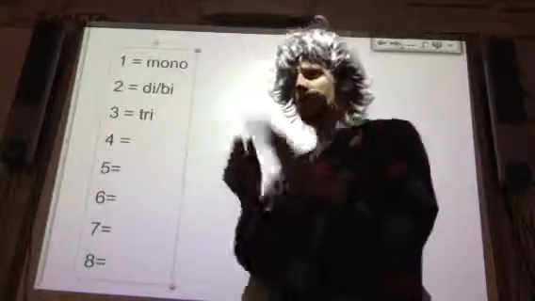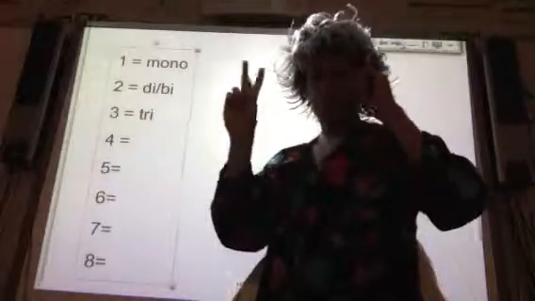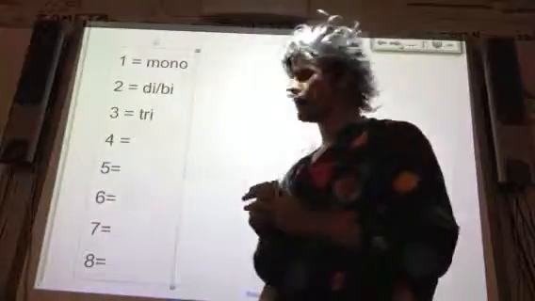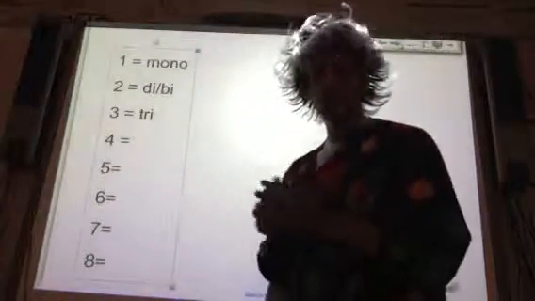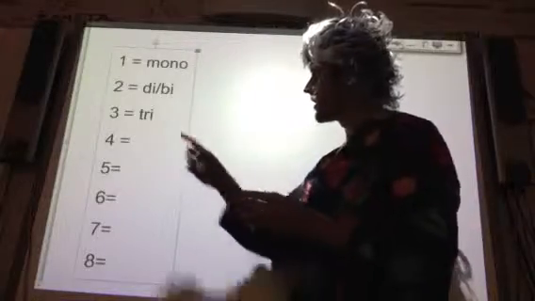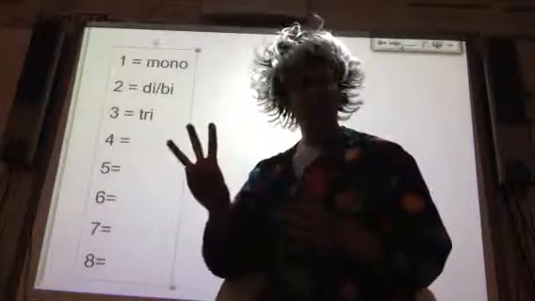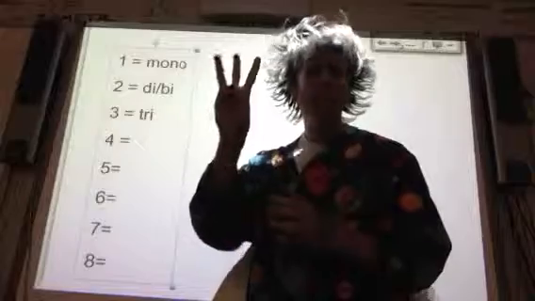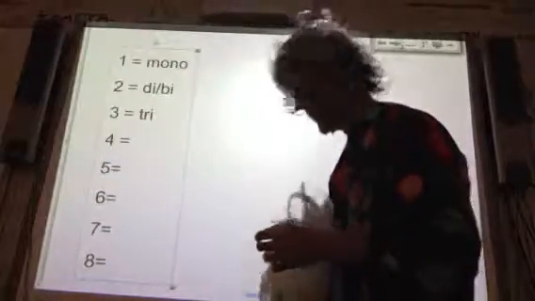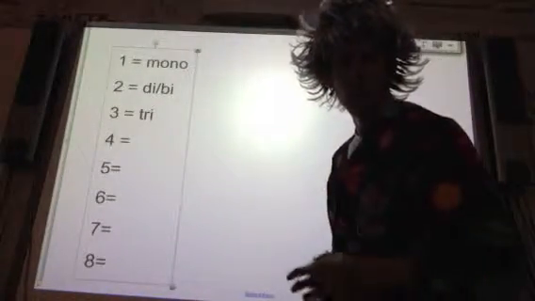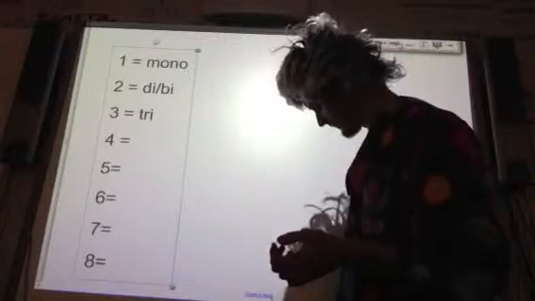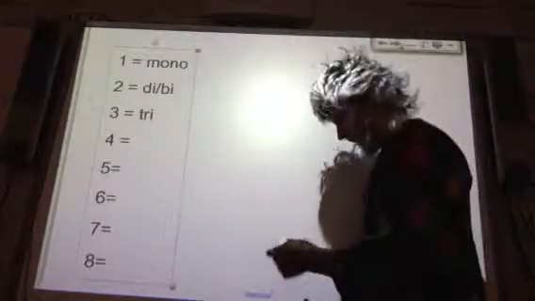And you can remember that because bicycle has 2 wheels. Okay? Di is another way to represent that. Tri, think tricycle, 3 wheels. Tri means 3. Anybody have any idea what number 4 would be? The prefix for number 4? Any guesses? I'll give you a hint.